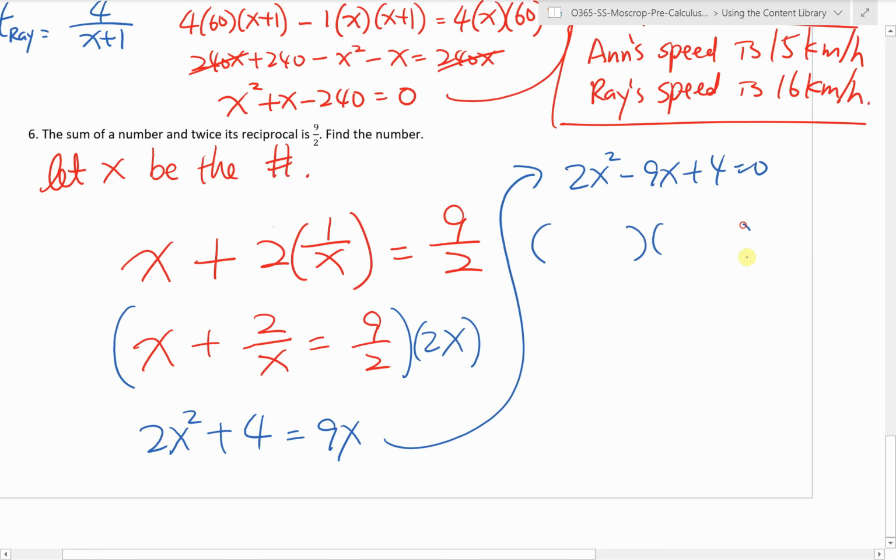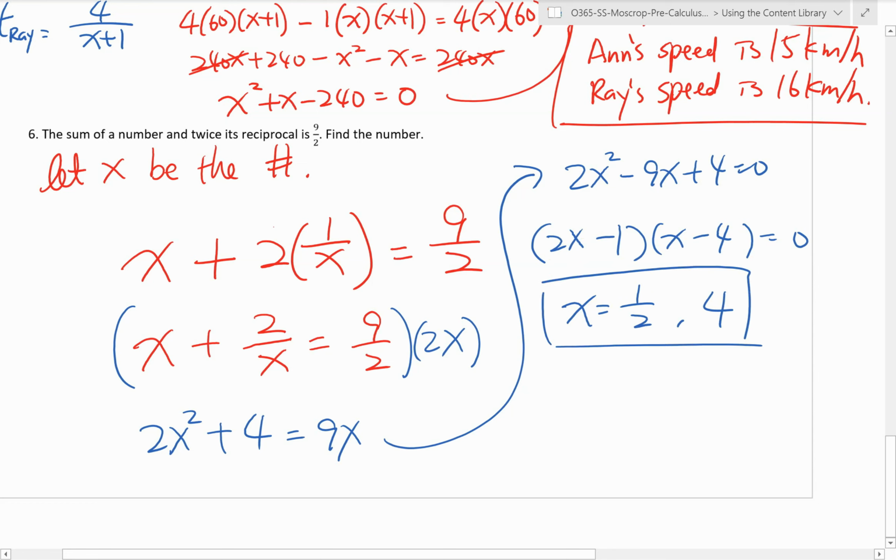This, I believe, is factorable as well. 2x and x minus 4, minus 1. Yep. So x is either 1/2 or positive 4. And both actually will work, I believe, because they are not part of the restriction. The restriction here is x cannot equal 0, and 1/2 and 4 are not 0, so we're okay.